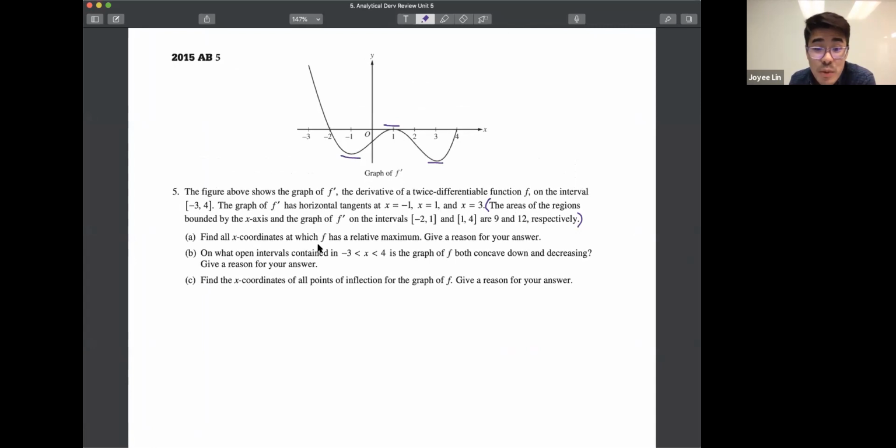Find the x coordinates at which f has a relative maximum. Give me a reason for your answer. So take a second and think about how you would try to answer this if you were actually taking the test. So go ahead and type your answer into the chat box, please.